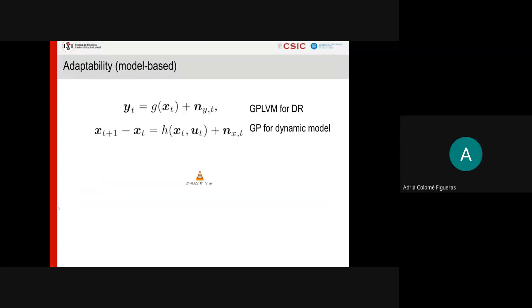Also, I think I will skip this. We applied Gaussian process latent variable models for dynamic dimensionality reduction and dynamical models for doing cloth state estimation.